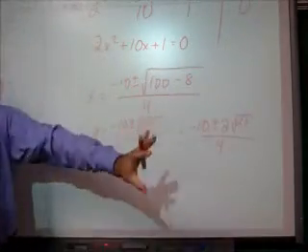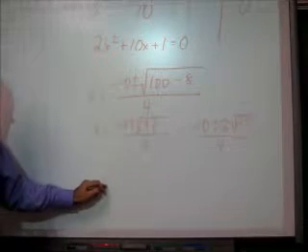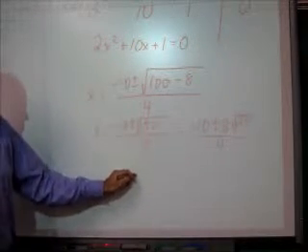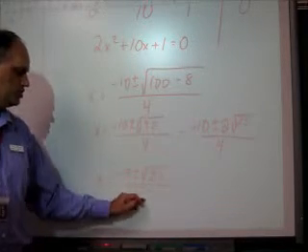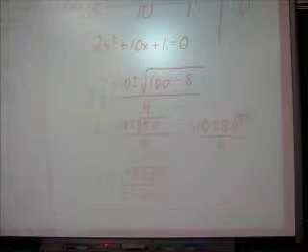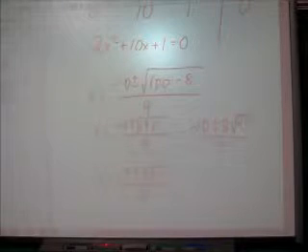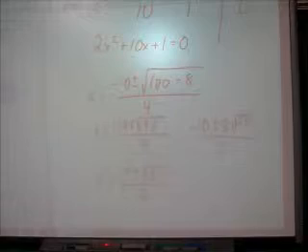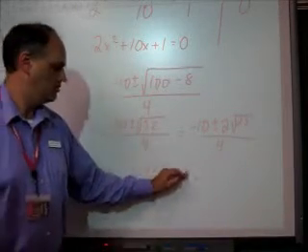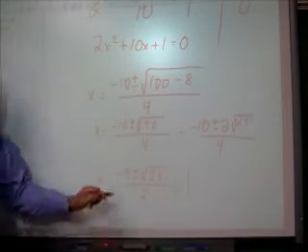And so I can divide everything by 2. X is equal to negative 5 plus or minus the square root of 23 all over 2. How many answers does that count out to be? 2. How many answers am I looking for? 3. Where's my third one? Positive 1. There is my 3 answers.